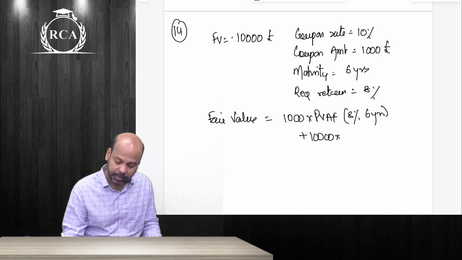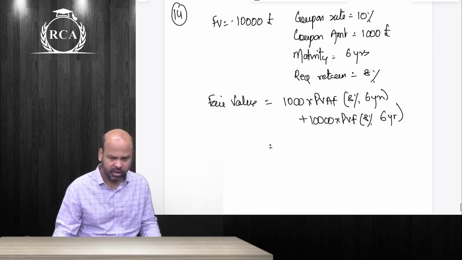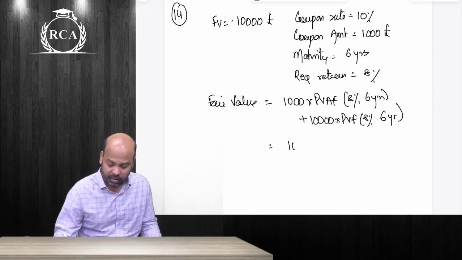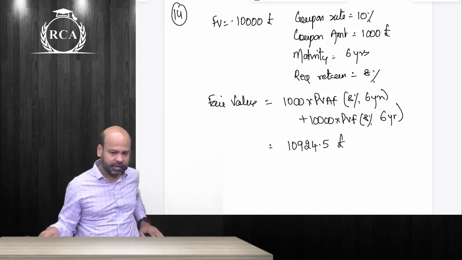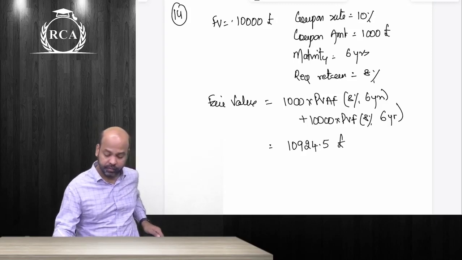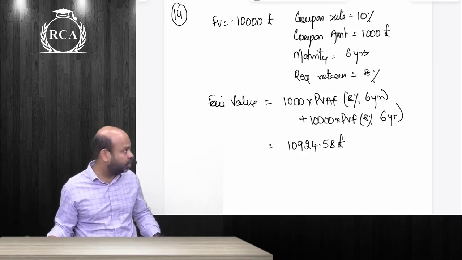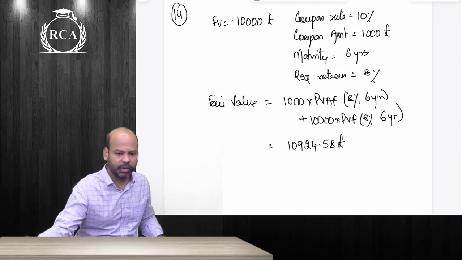£10,000 multiplied by present value factor at 8% for the 6th year. Tell me, how much is it? 10,924.5658. This will be the value that you will be willing to pay for the bond, guys.